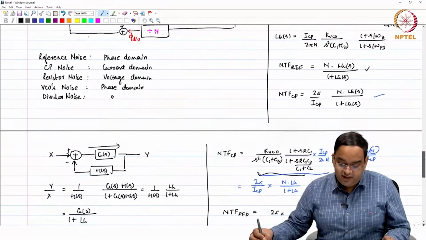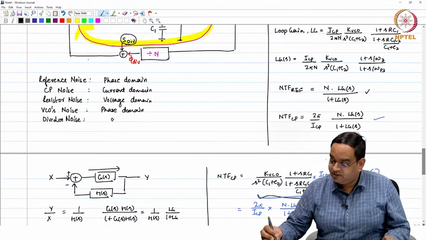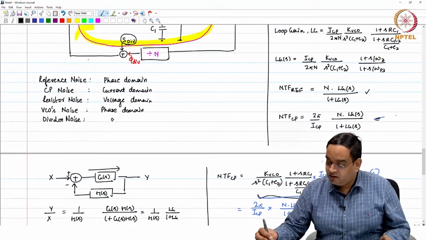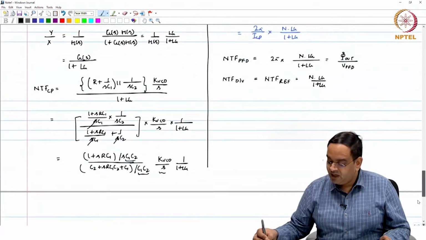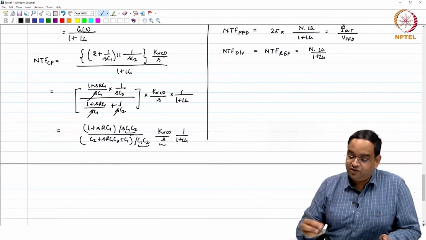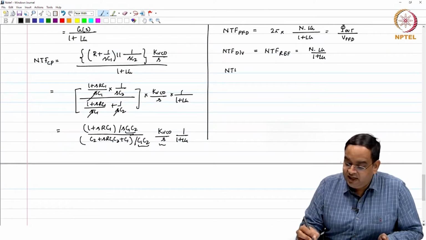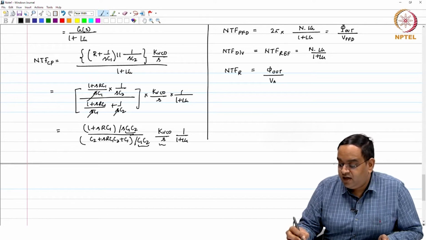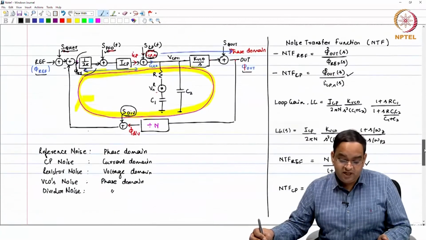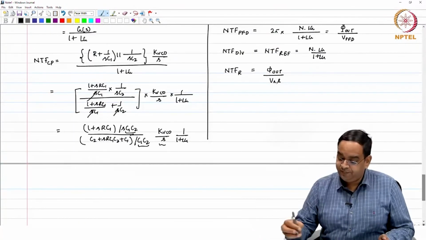Then for the current noise, similarly, I think we have talked about it, phi out by ICP n. Then you get the resistance noise. So what we need to find is NTF of R. This will be defined by phi out divided by VNR, the voltage noise which we are having.